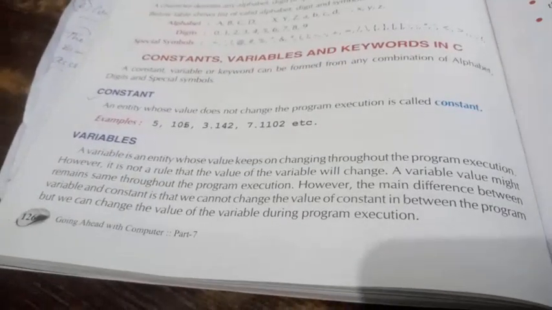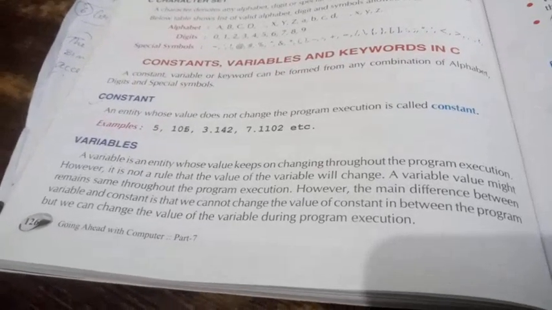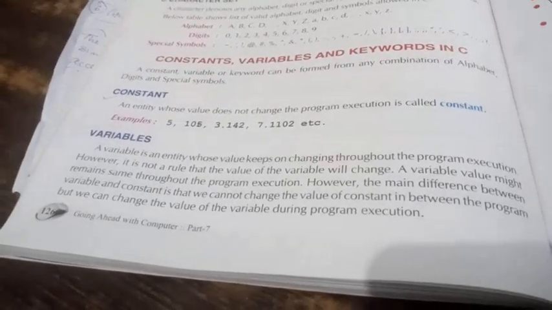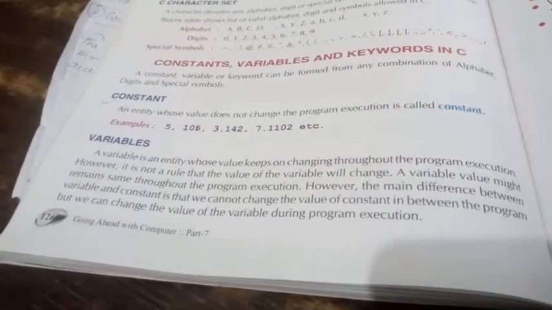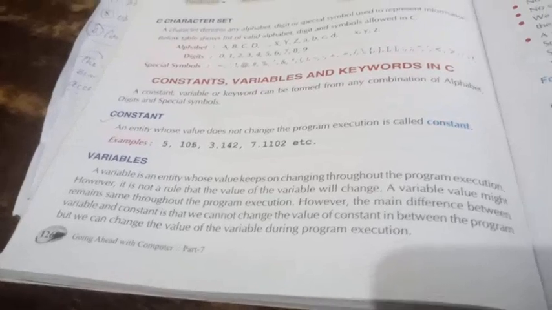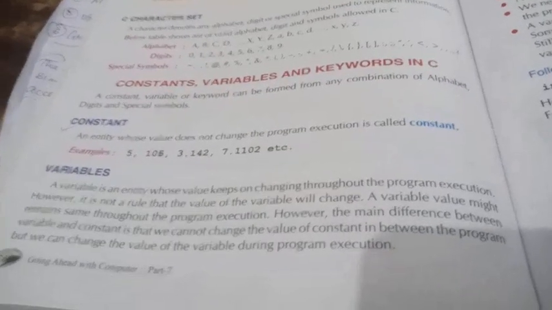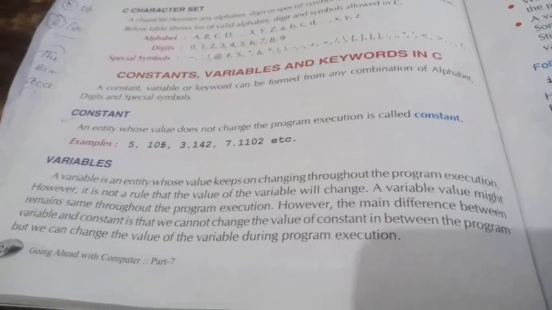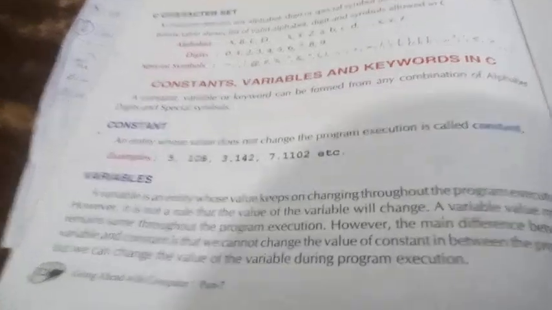And variables. A variable is an entity whose value keeps on changing throughout the program execution. So if we want to take a variable to execute any program, the variable can change as per your requirement. So this is about variables.